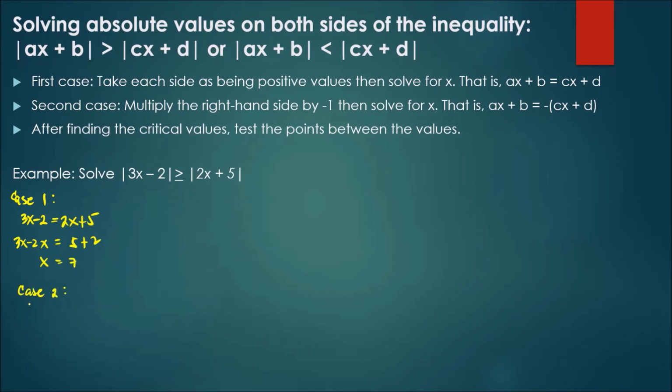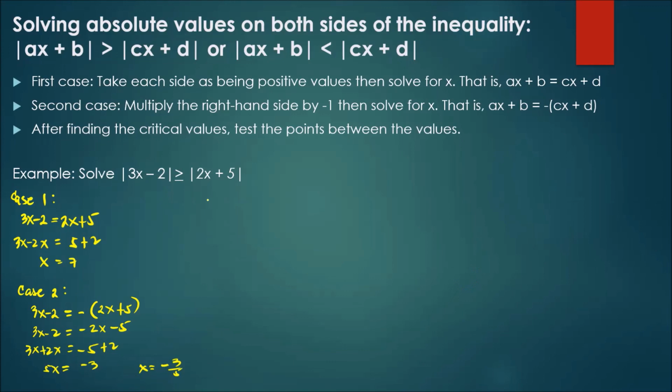Then case 2, we have 3x minus 2. We equate this to the negative of 2x plus 5. So we have 3x minus 2 is negative 2x minus 5, or that would be 3x plus 2x is equal to negative 5 plus 2, so 5x is equal to negative 3, or x is equal to negative 3/5.